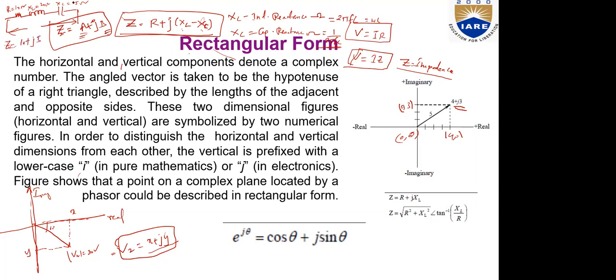Suppose I want to make this XC to be 25, what will be the equation now? Z is equal to 10 minus j5. Is that okay? Sir, we are considering XL as larger, no, sir? Yeah, previously it was larger. In the second case it is not larger. The XC is larger.